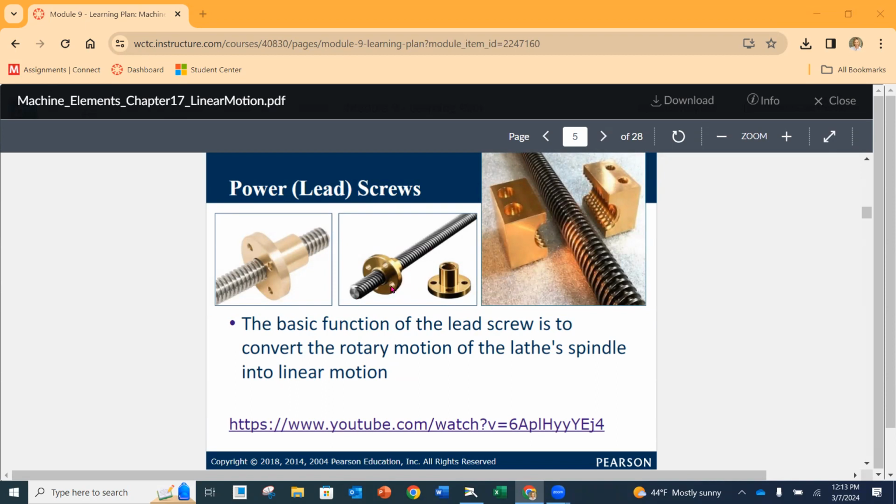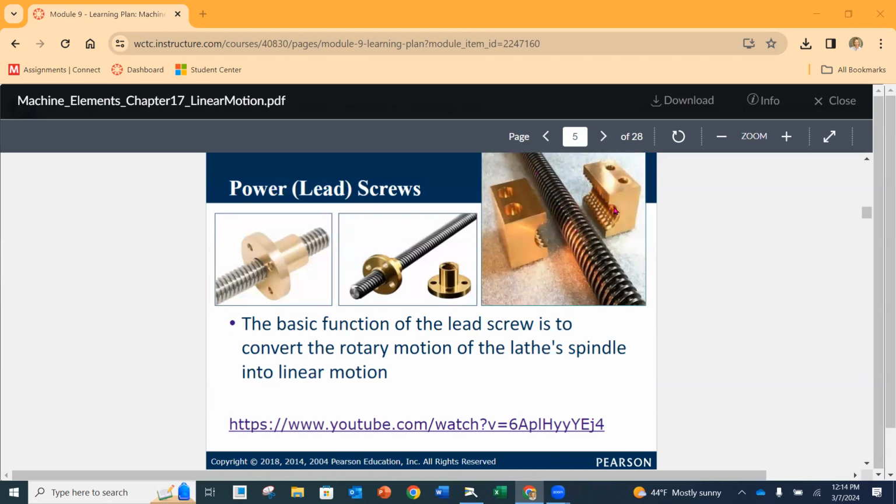Now, when we look specifically at power or lead screws, and I like this picture here in the upper right-hand corner, this is going to be the actual threaded rod. There are a couple of different types of threads that make sense for these applications.